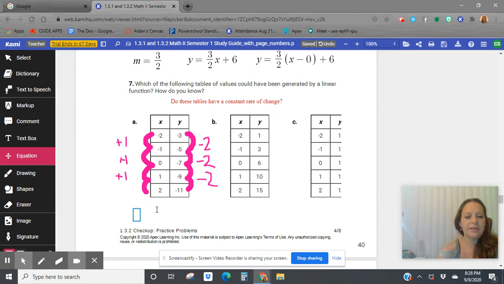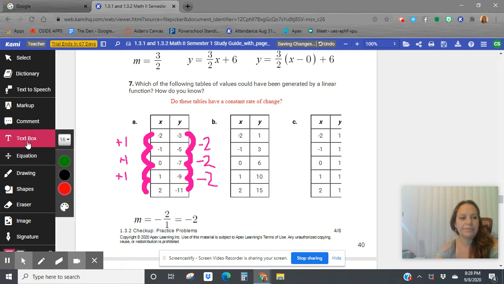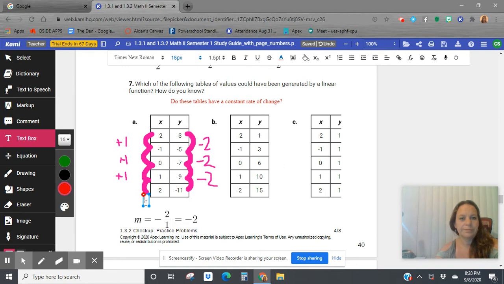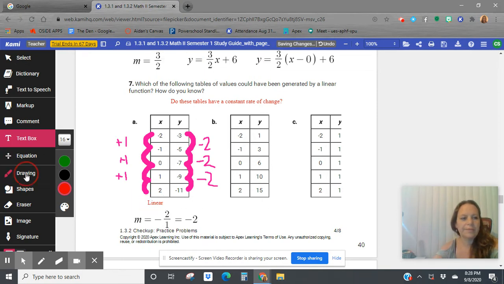So I would say here that my slope is -2 over 1, or just -2. So this one would be linear because it has a constant rate. All right, let's go look at this next one.